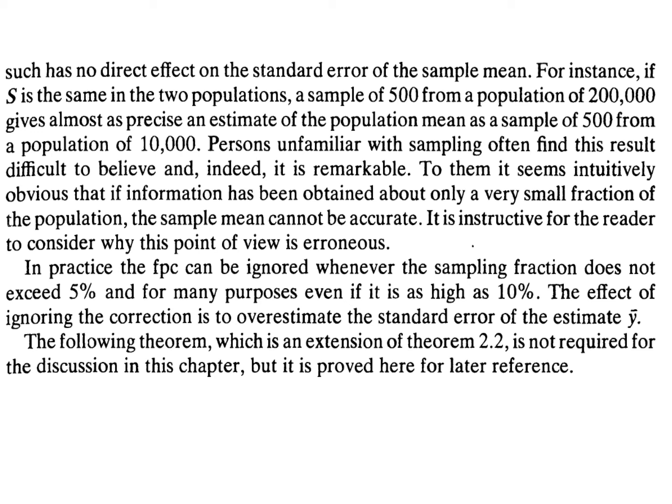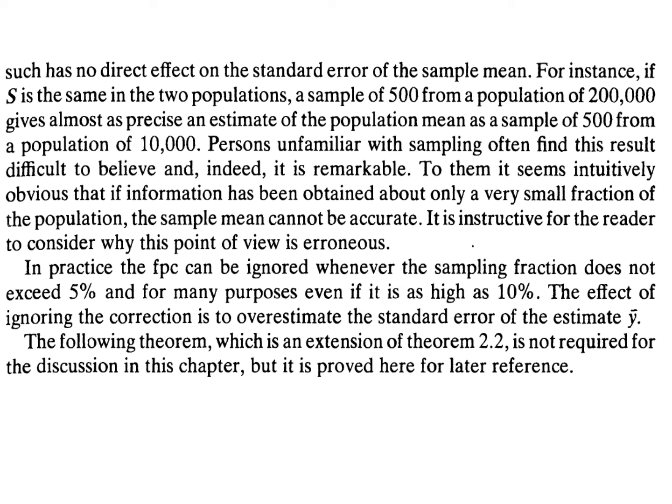For instance, a sample of 500 from a population of 200,000 gives almost as precise an estimate of the population mean as a sample of 500 from a population of 10,000. Persons unfamiliar with sampling often find the results difficult to believe, and indeed it is remarkable.